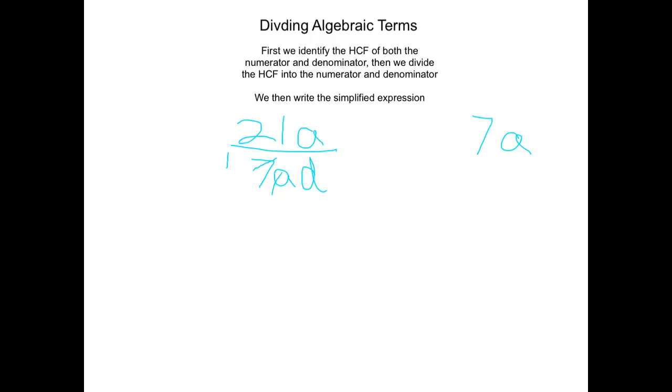Cross the a out in both numbers like this because they are dividing themselves. Then cross the 21 out and write a 3 next to it as 7 goes into 21 3 times. Now we simplify. The simplified expression is 3 over d.